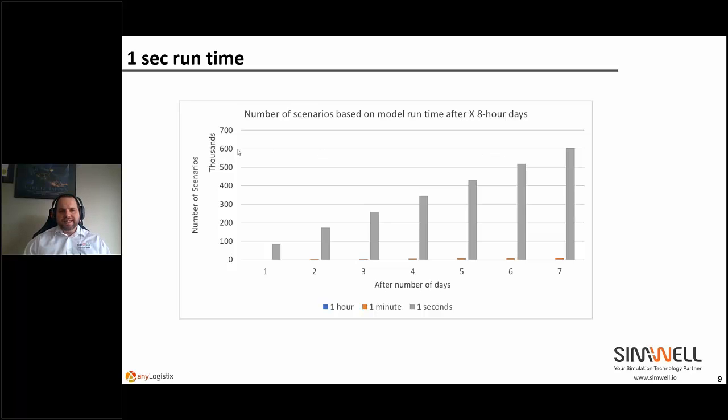So at 600,000 max scenarios in a week, if the model runs 1 second, then to get to the million mark, it's almost 2 weeks, right? And if the model takes 2 seconds, then it's a month.